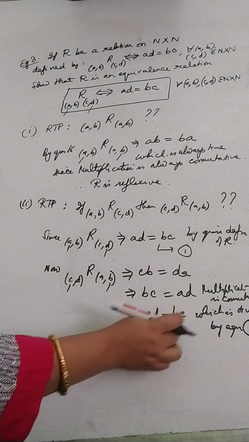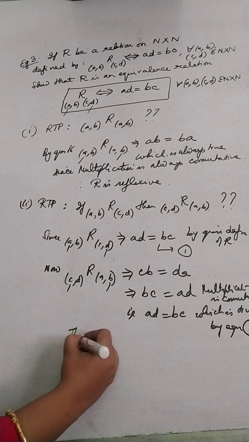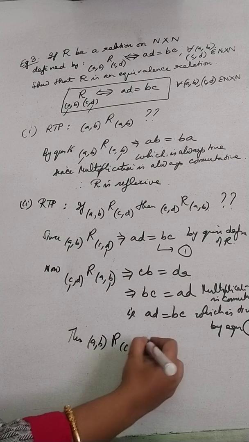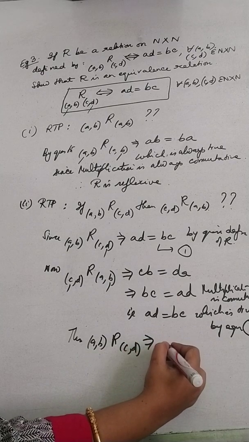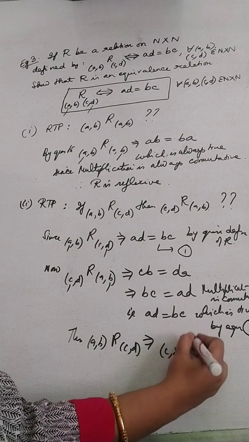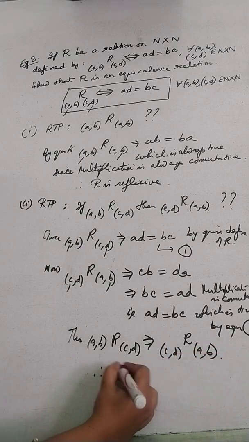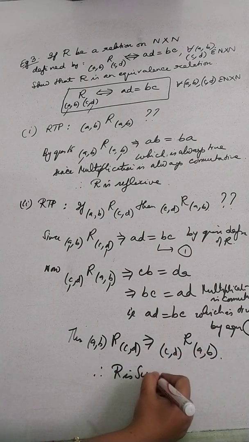So that is how we justify. Thus, AB related to CD implies that CD is also related to AB. Therefore, R is symmetric.